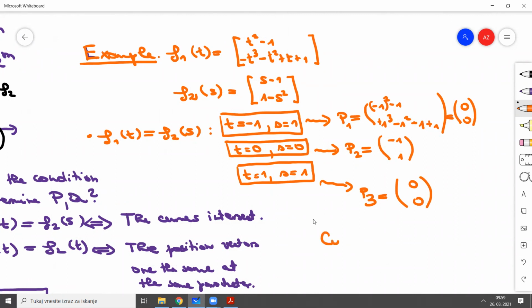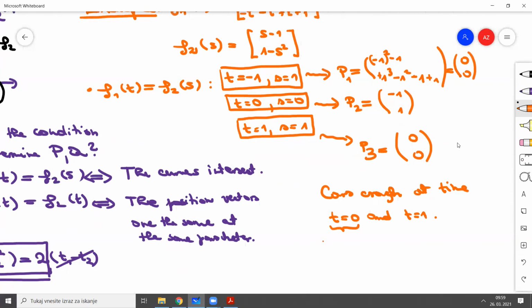So cars crash at time t is equal to 0 and t is equal to 1, and the first crash happens in the point minus 1, 1. And the second happens in the origin.